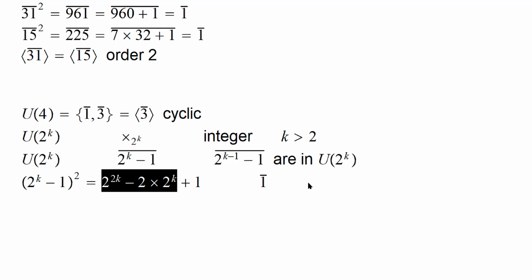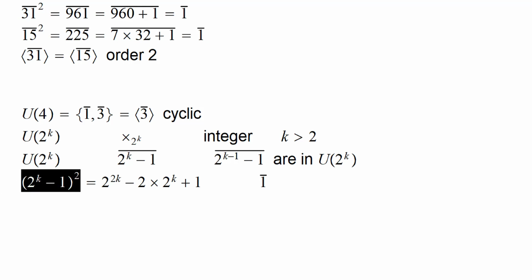And then if you look at this one, 2 to the k minus 1 square, okay, then that also becomes 1, as you can easily see, because this would be 2 to the 2k minus 2.